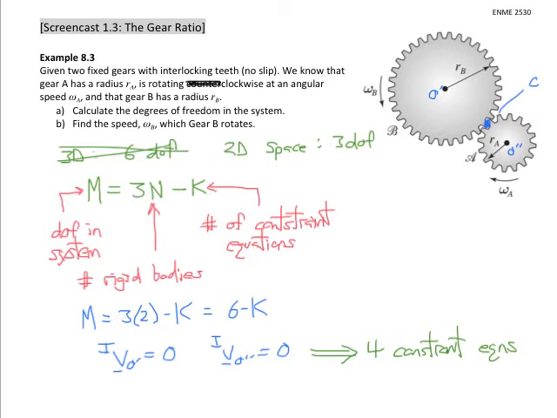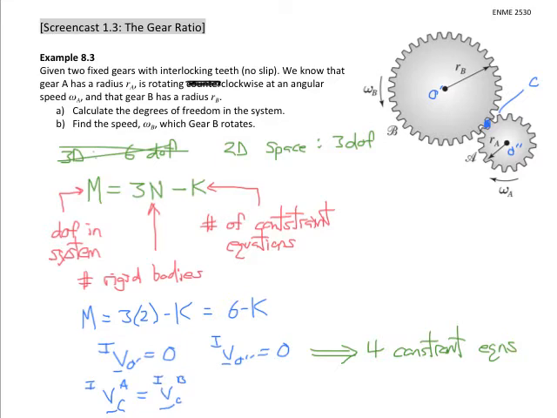We write this by saying that the velocity of the contact point C, as observed in the inertial reference frame, on gear A is equal to the velocity of that contact point, as observed in the inertial reference frame, on gear B.